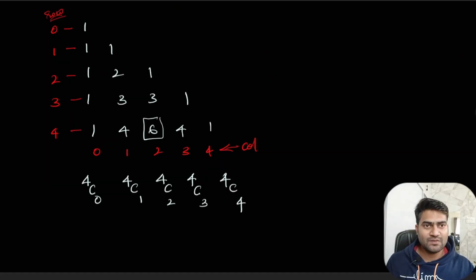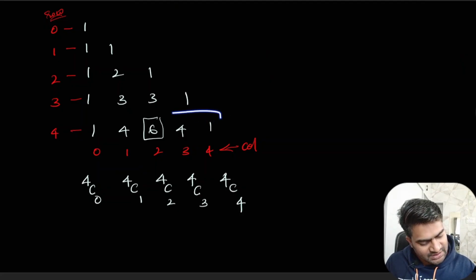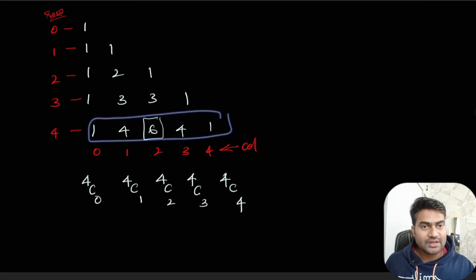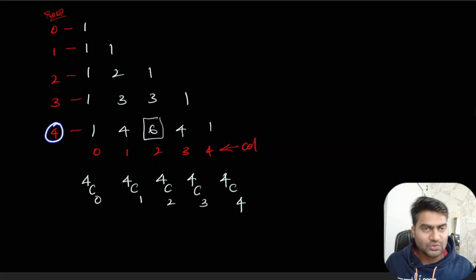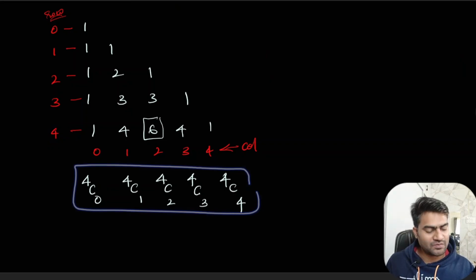So now let us try to see how to generate the entire row. If we have the row number, let us take this particular example. Here we know the row number, correct, right? So we can use this particular formula.